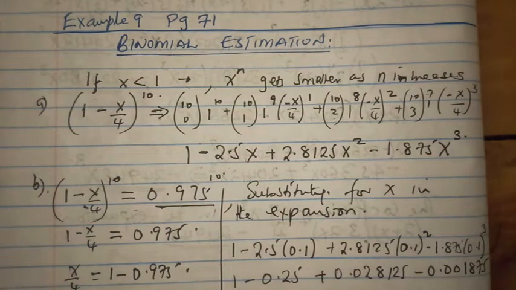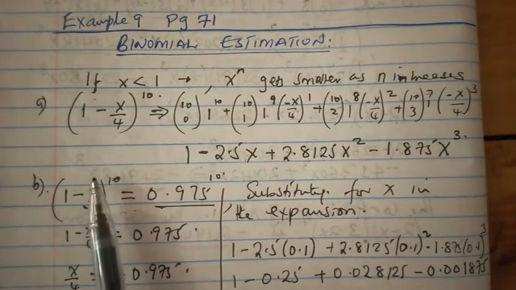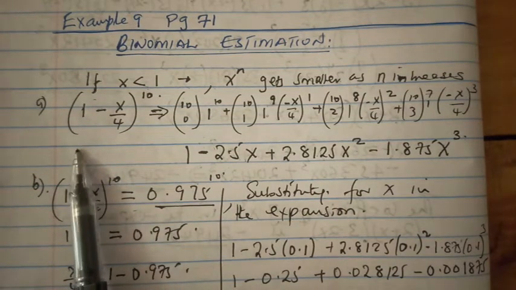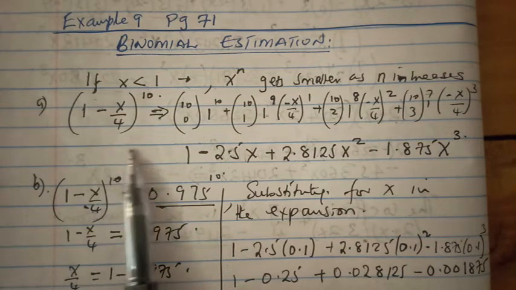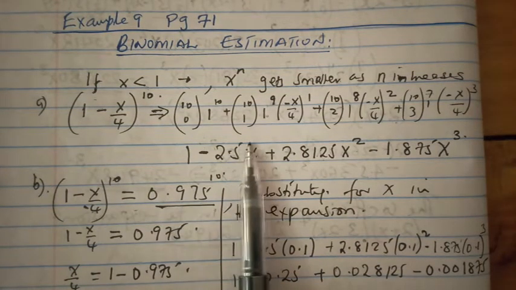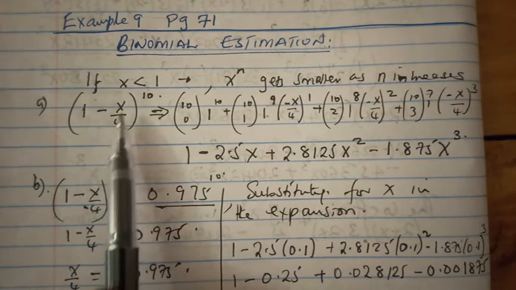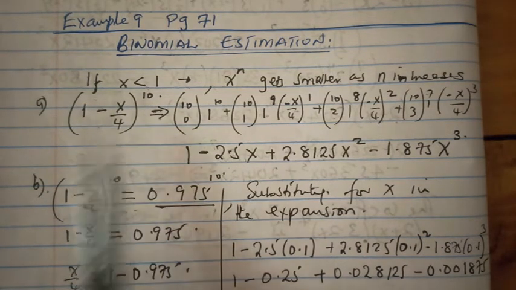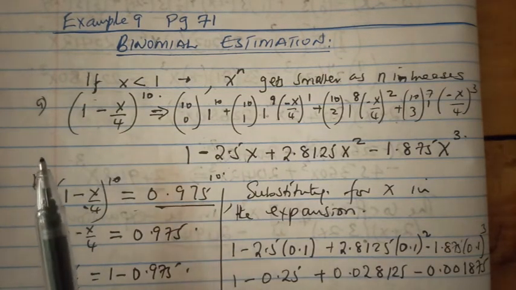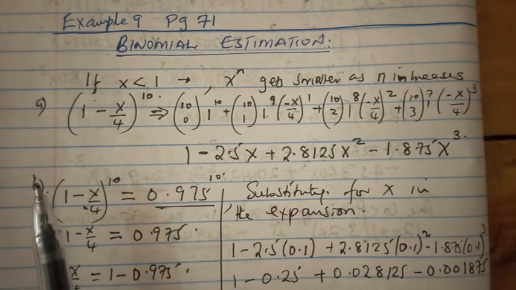In example 9, we are told to find the first 4 terms of the binomial expansion in ascending powers of x of (1 minus x over 4) raised to power 10.